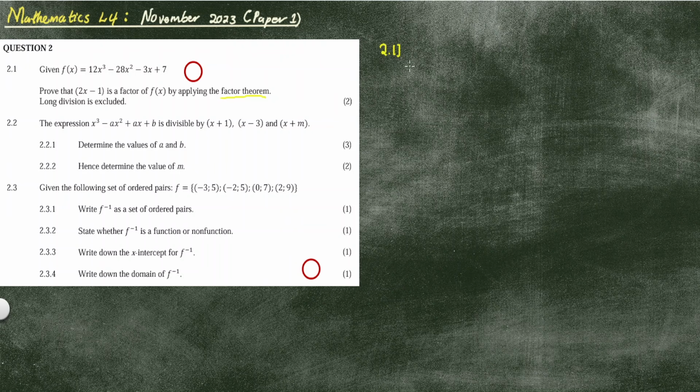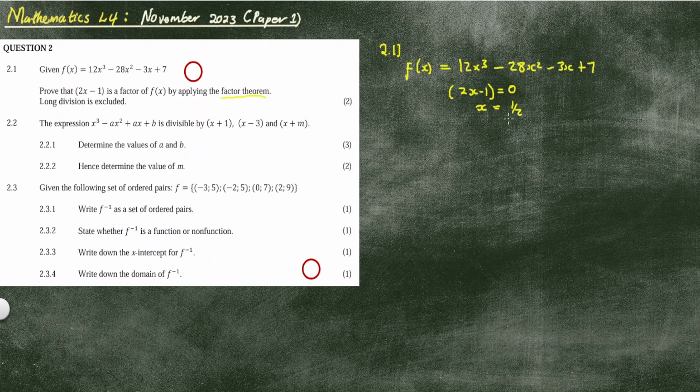So f of x is 12x cubed minus 28x squared minus 3x plus 7. Now prove that 2x minus 1 is a factor. We start off by equating this to 0 and making x the subject of the formula. So x is equal to 1 over 2.